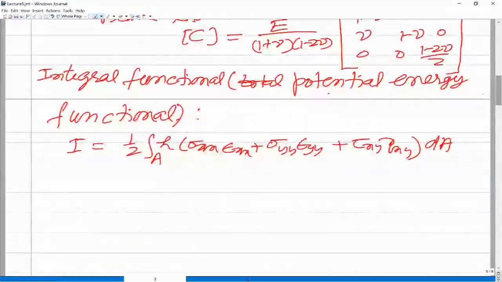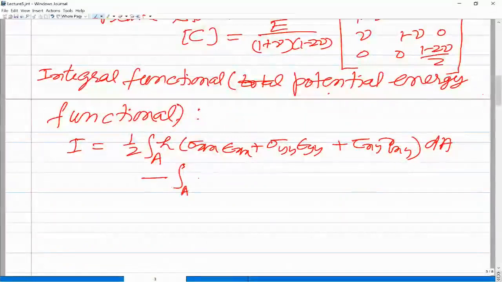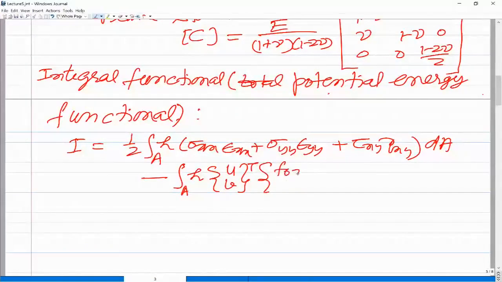So this is the strain energy part, and then the potential of distributed forces. Let us say we have body forces acting on the body. The integration we can write as integration over area into thickness, h being the thickness, and then you have the displacements u, v transpose and the body forces f_bx and f_by, along x and y directions, into dA. Let us say only these body forces are there.